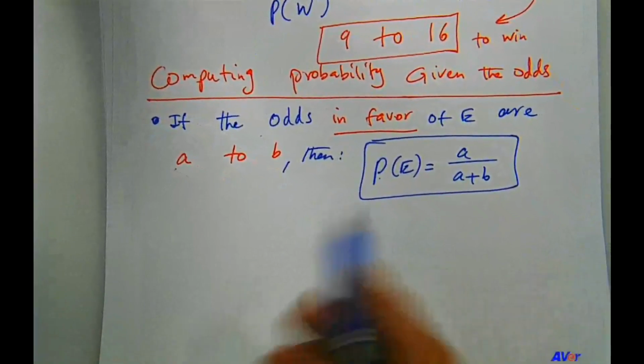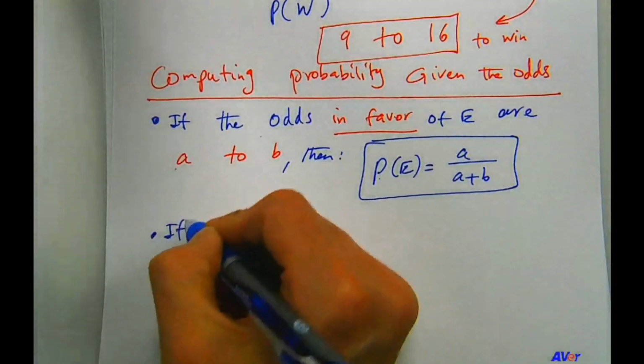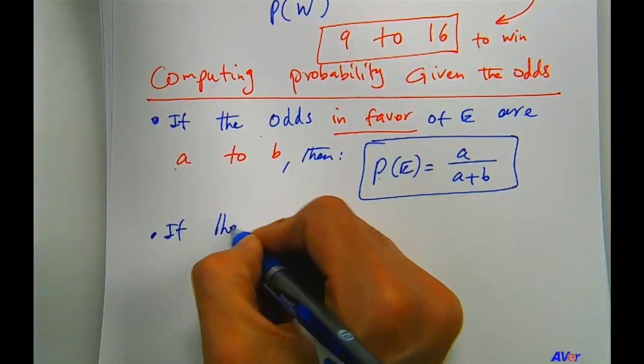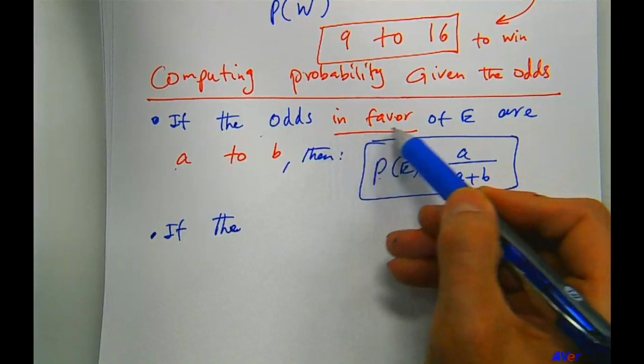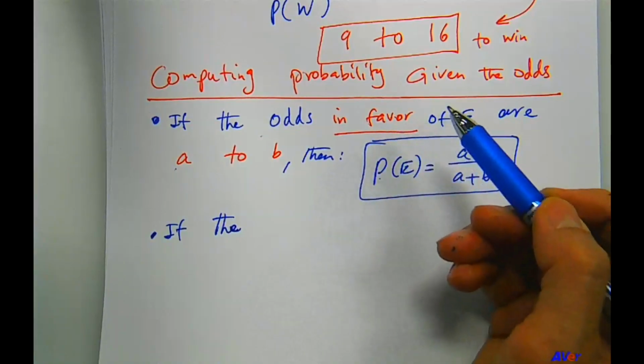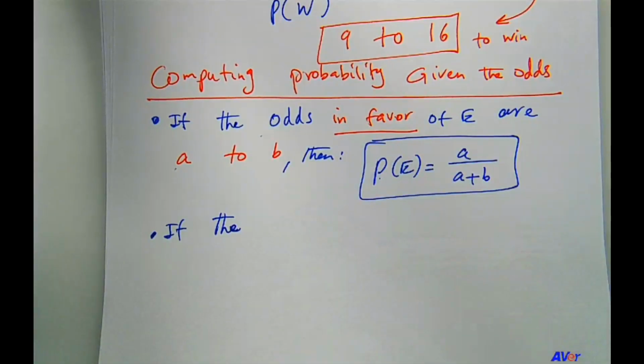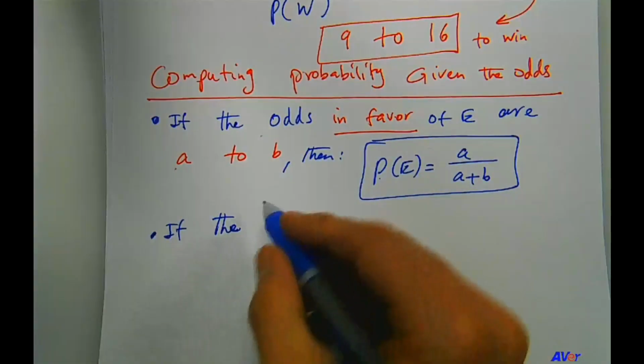Then if the odds against E are given, in other words, you can be given odds in favor of something or odds against something. Either way, you should be able to convert that odds into probability value.